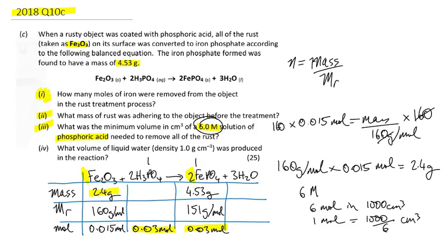And now to find out how many centimeters cubed in 0.03 moles, multiply that fraction by 0.03.